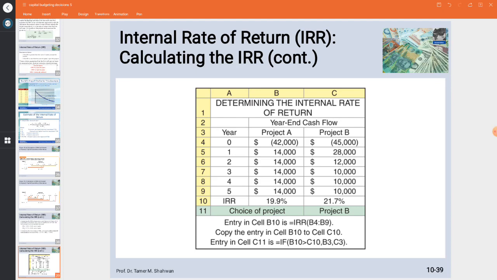Just press enter, and you will get the value from your Excel sheet in a very accurate way.